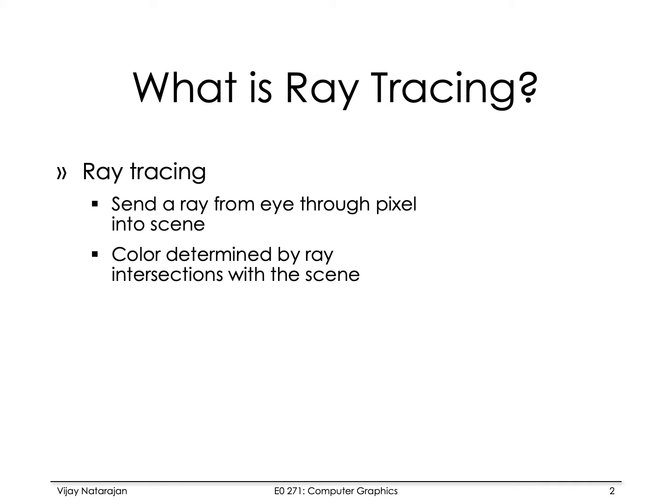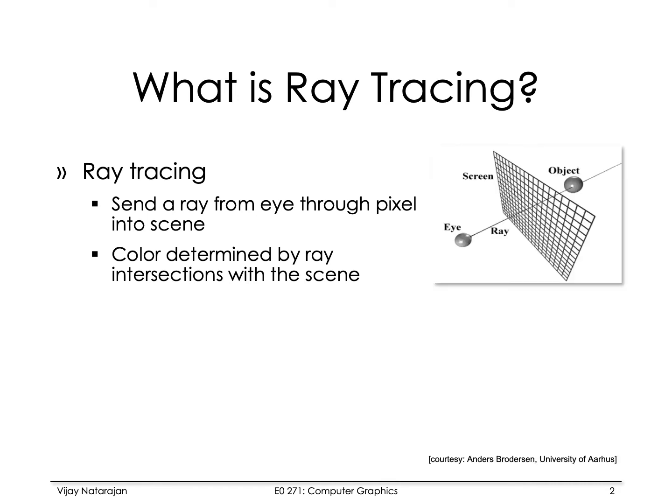Of course, light travels in the opposite direction in reality, namely from the light source, bouncing off the object, intersecting the image and the pixel, and then entering the eye. However, this particular way of looking at the rays helps us generate the image corresponding to the ray.